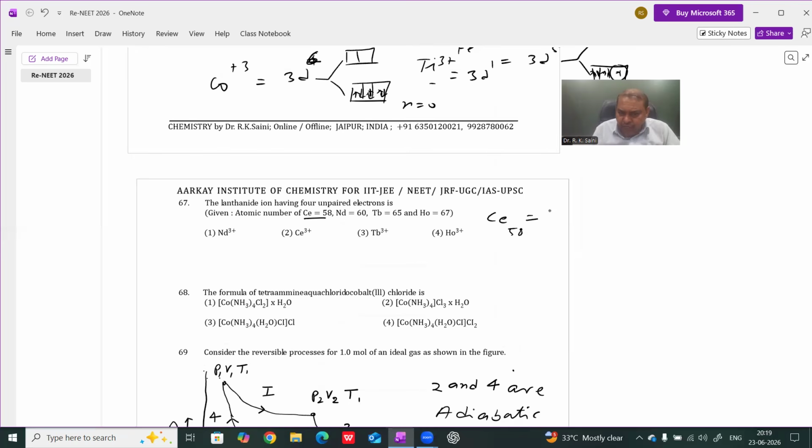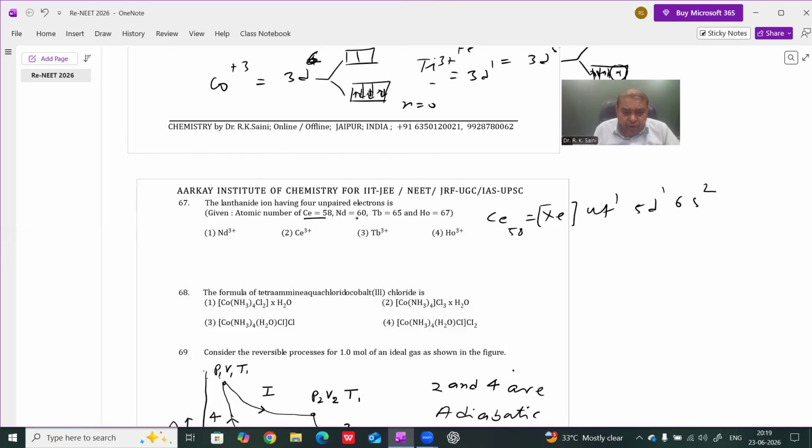We know that the electronic configuration of cerium is xenon 4f1, 5d1, and 6s2. First element. Now we write it. This is the exceptional electronic configuration because according to the n plus l rule, the energy of 5d orbital is greater than 4f. Therefore, no electron should be present in 5d, but exceptionally an electron is present in 5d.